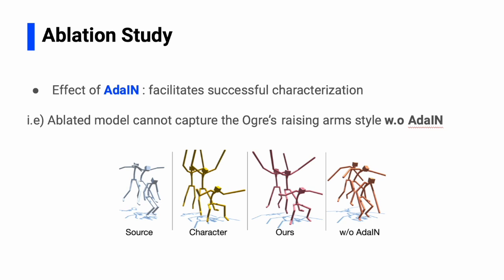Authors also conducted ablation studies to find out the effectiveness of the AdaIN layer and contrastive loss. First, the effect of AdaIN is that it facilitates successful characterization. For example, an ablated model which does not have the AdaIN layer cannot capture the ogre's raising arm style.